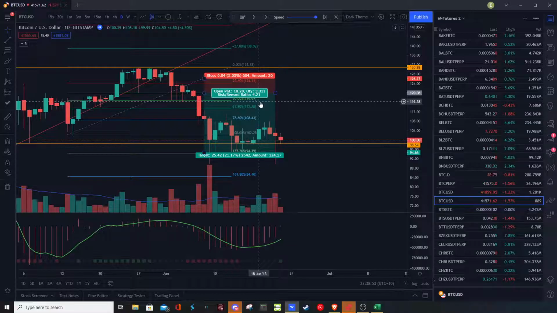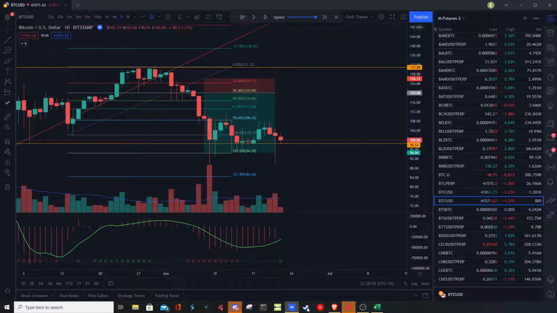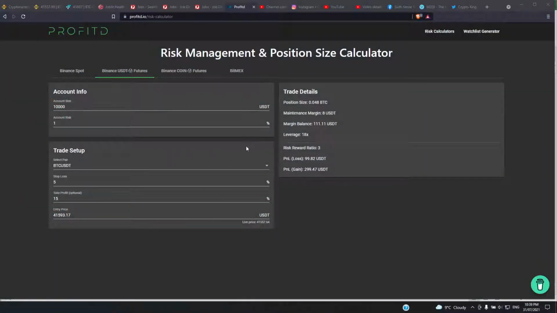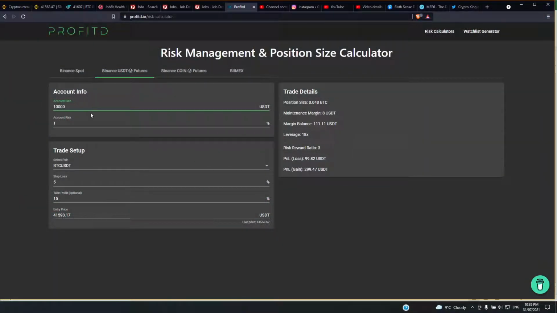Alright, so now we journal this trade. So we're starting with a $10,000 account, 1% risk. Our trade played out at 21.17%.